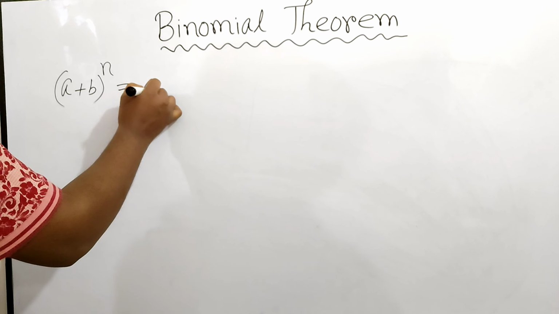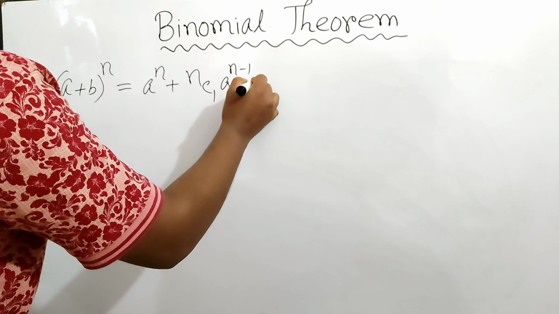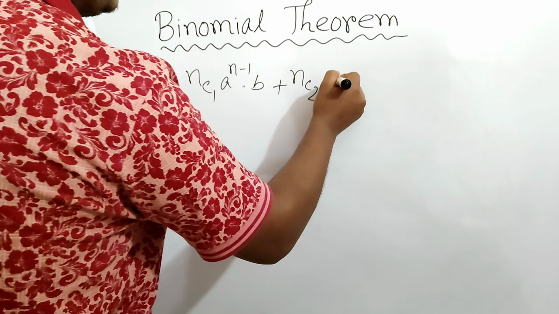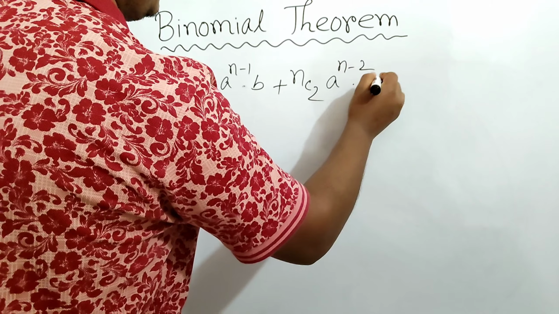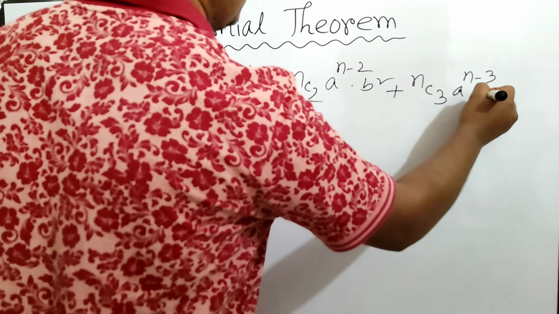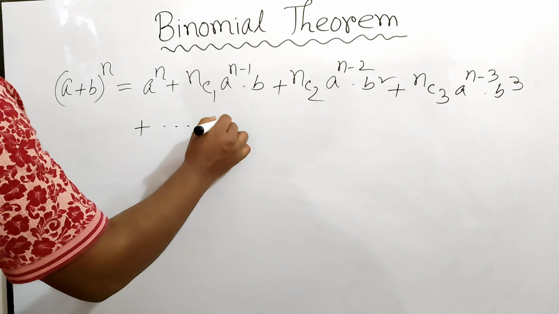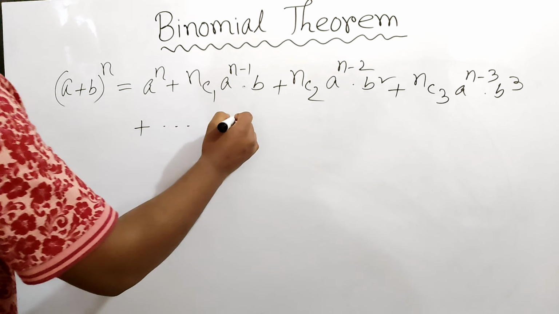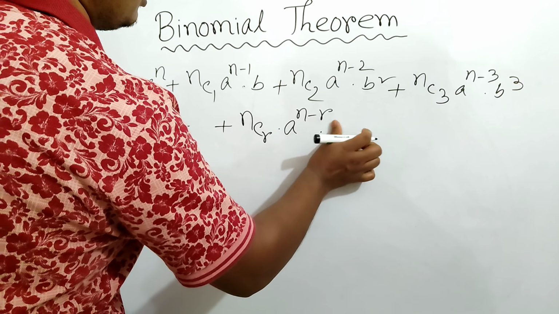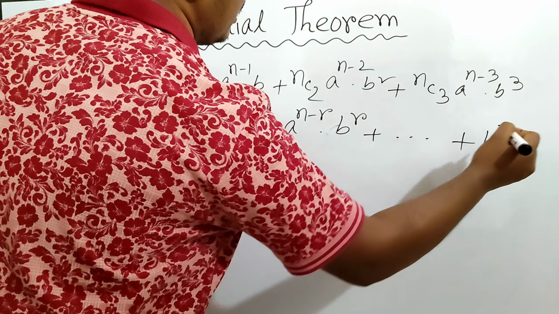The theorem is a to the power n plus nC1 a to the power n minus 1 into b plus nC2 a to the power n minus 2 into b squared plus nC3 a to the power n minus 3 into b cubed plus, and in general terms, nCr a to the power n minus r into b to the power r, up to b to the power n.